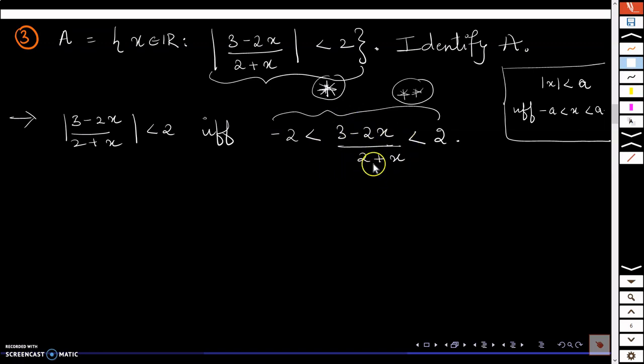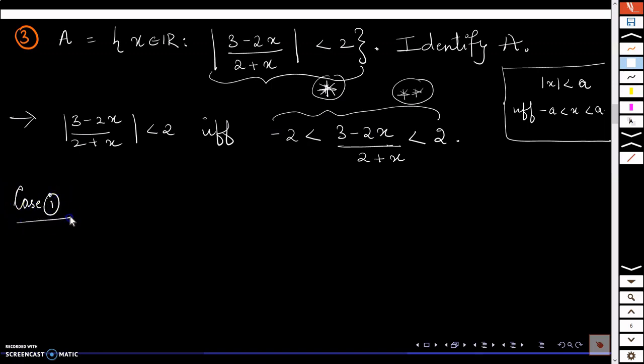So when I'm multiplying the denominator on both the sides, as in the first example, we need to take care of the sign of the denominator. So again, there will be two cases coming here: when the denominator 2 plus x is positive, and when it is negative, right? So we will deal with this in two cases.